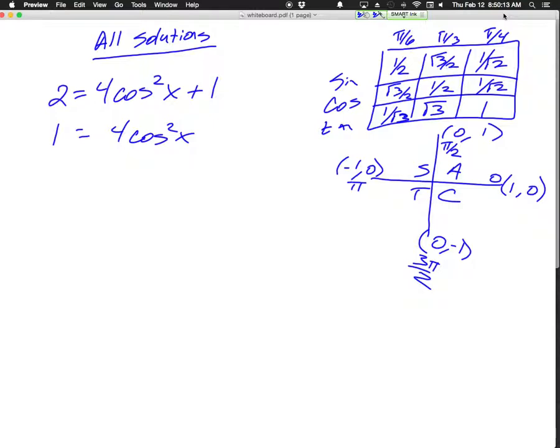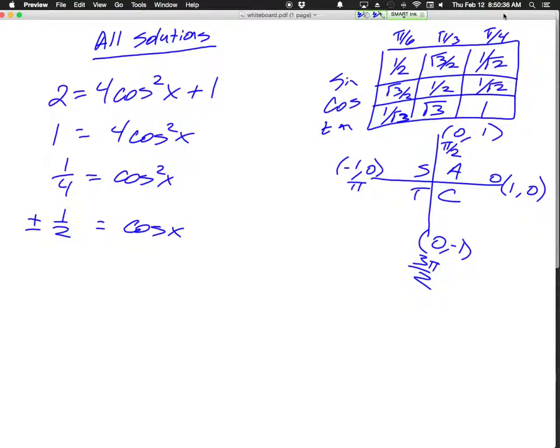Divide by 4. Would you take the square root of cosine? I would. Take the square root of both sides. So I get cosine on the right. What do I get on the left? Not just 1/2. Plus or minus 1/2. Don't forget about that.